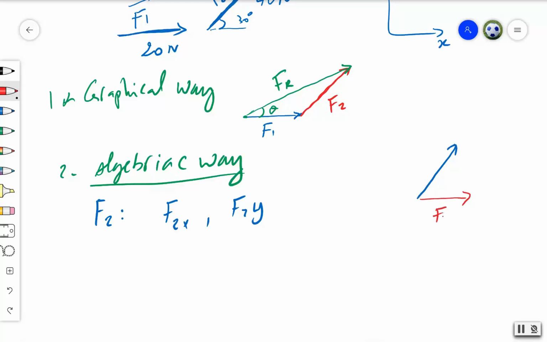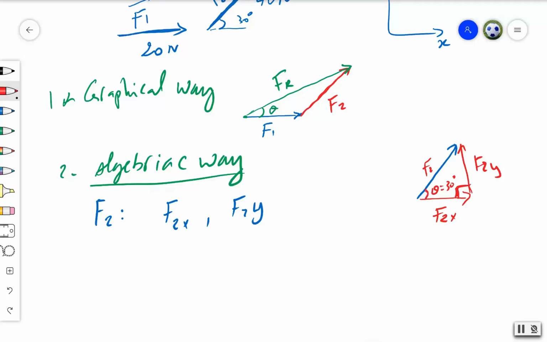This is F2x on the x-axis, and this is F2y on the y-axis. This is theta, which is 30 degrees. Now, we have the magnitude of F2. How to get F2x and F2y? Look at this right angle.